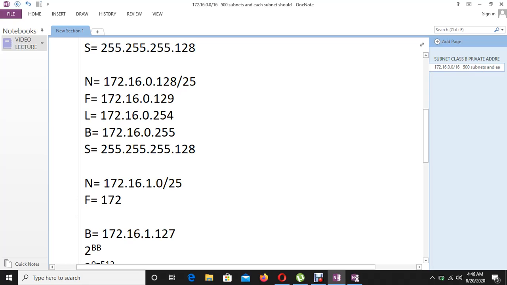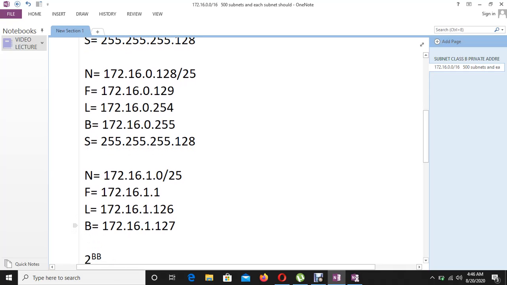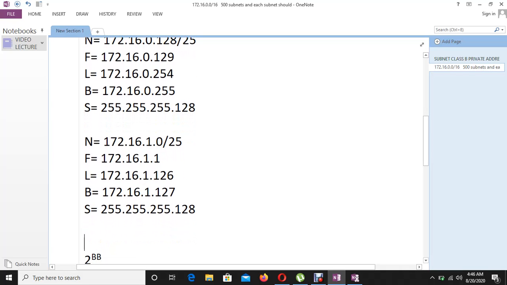The first valid IP address here is 172.16.1.1, and the last valid IP address is 172.16.1.126. The subnet mask here is the same because it's fixed length, 255.255.255.128.